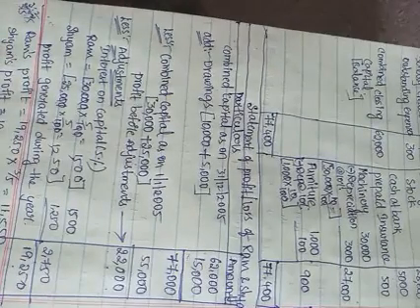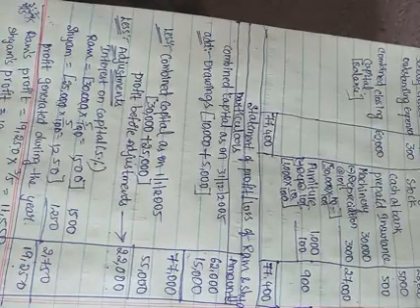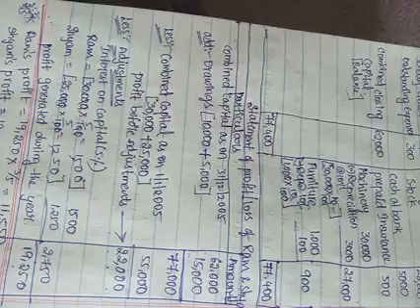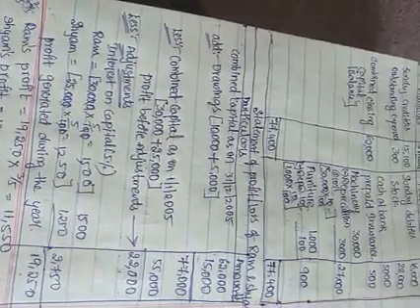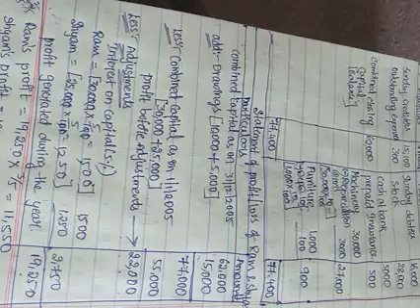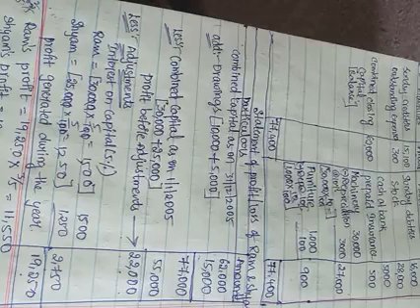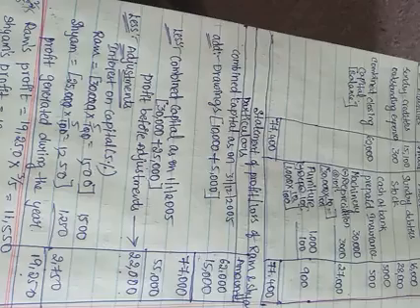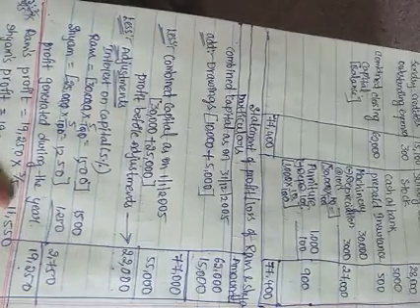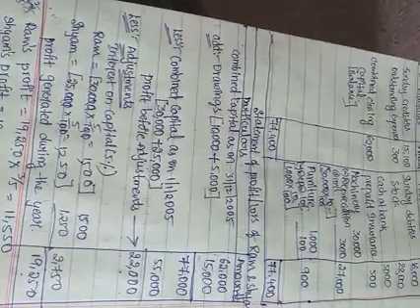These will be used when we prepare the statement of affairs as on the date 31st December 2005. How do we calculate this? On the liability side: capital plus interest on capital plus profit minus drawings. On that profit we write this amount.